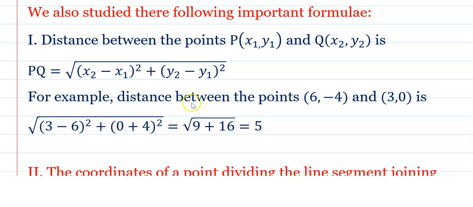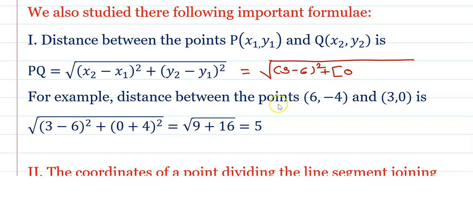For example, the distance between the points (6, -4) and (3, 0). First we take the difference of the x coordinates: x2 is 3, so 3 minus 6, squared, plus the difference of the y coordinates.